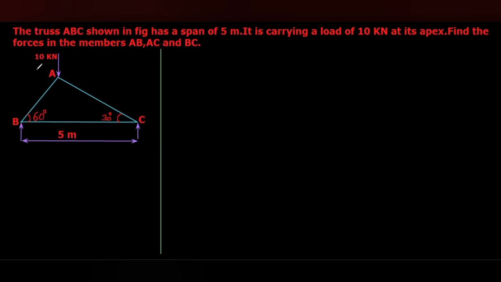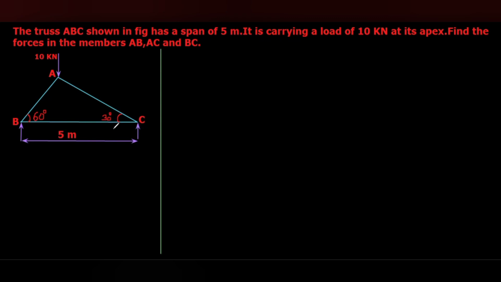Here a truss ABC is given. It has a span length 5 meter. It is loaded with a value of 10 kilonewton at its apex. We named that apex as A.